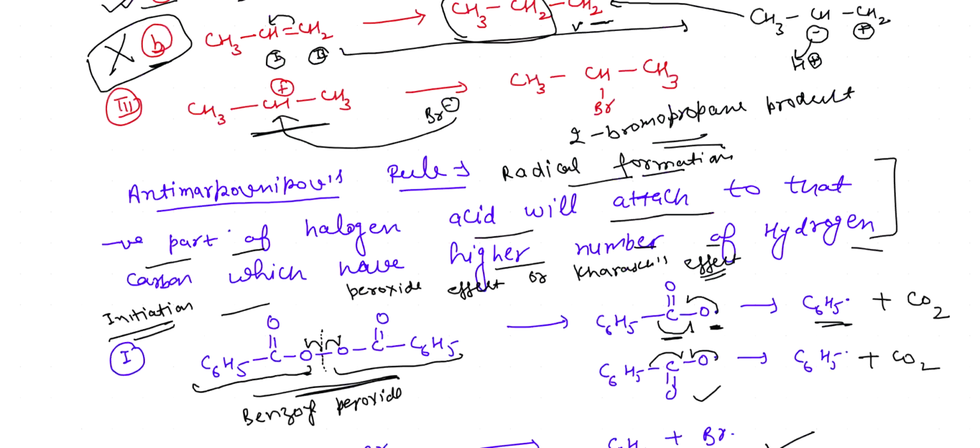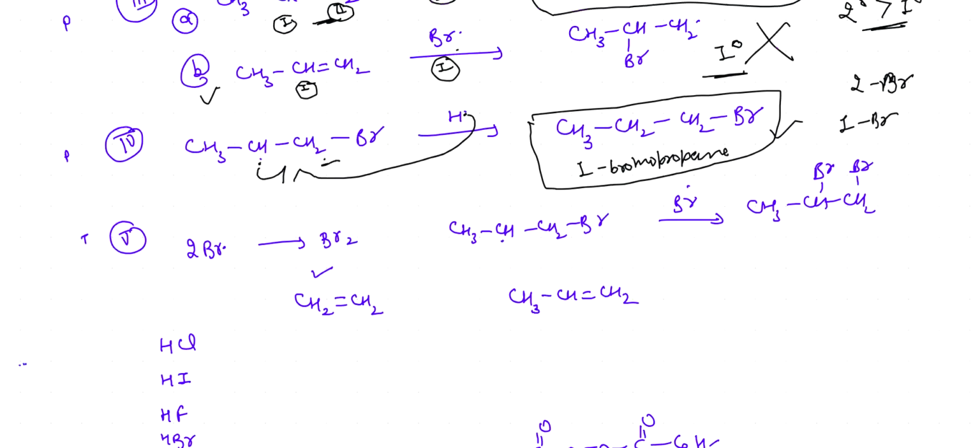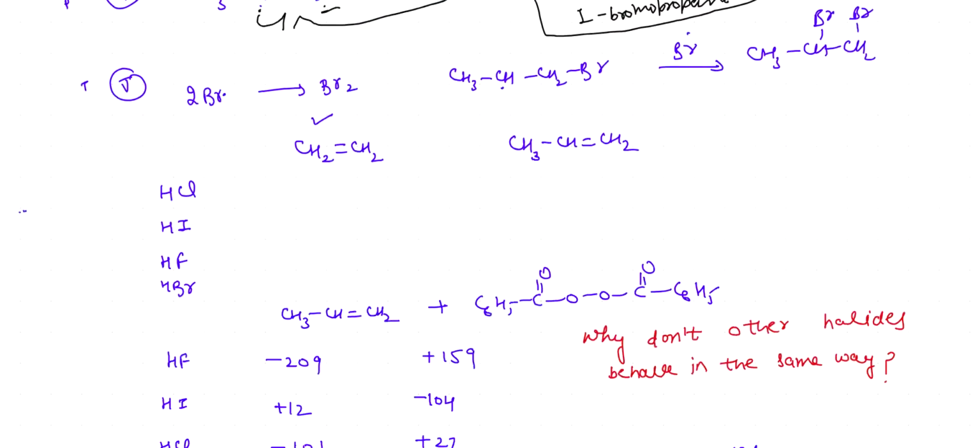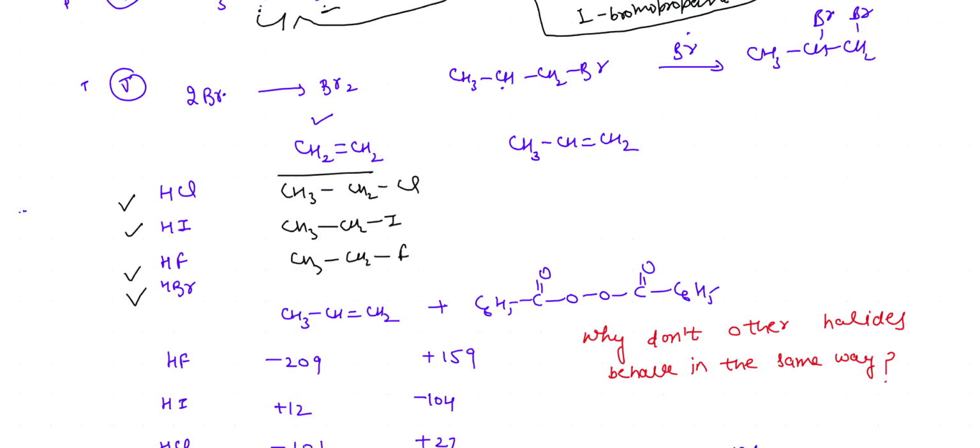If we add HCl, HI, HF, HBr to this symmetrical alkene, the products are CH2Cl CH3, CH2I CH3, CH2F CH3, CH2Br CH3. Because this is a symmetrical alkene, the hydrogen or either halogen can be added to either carbon.